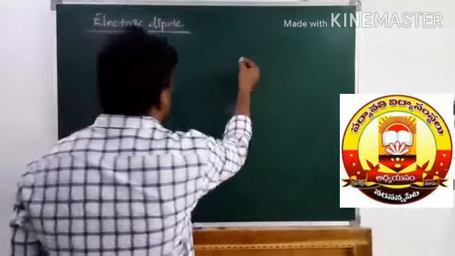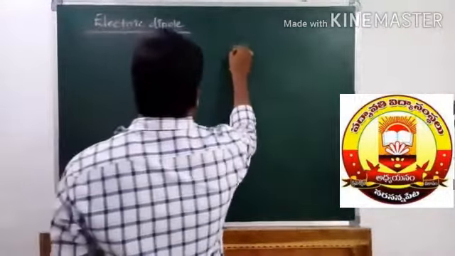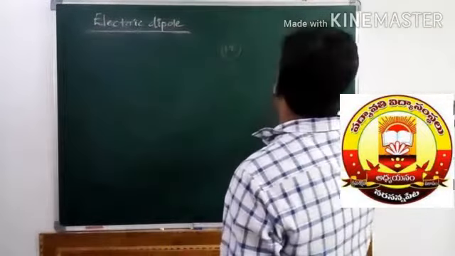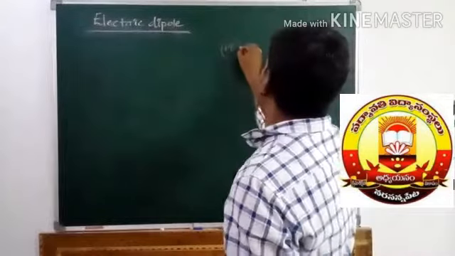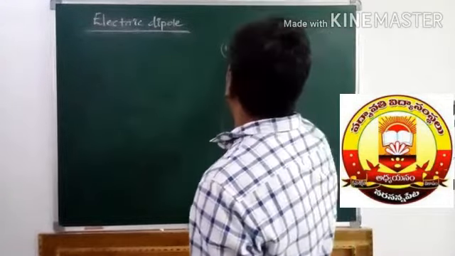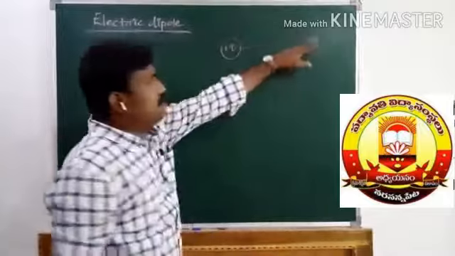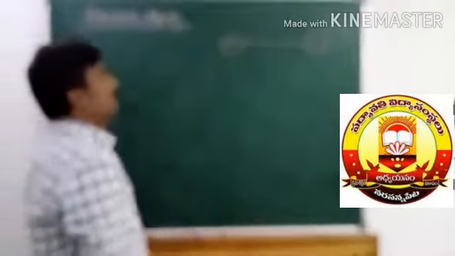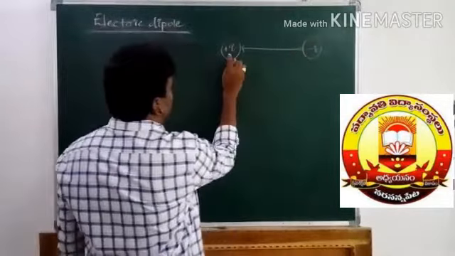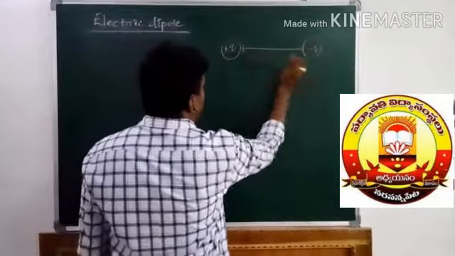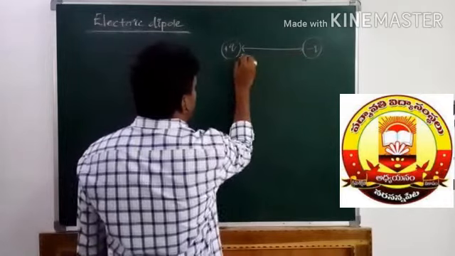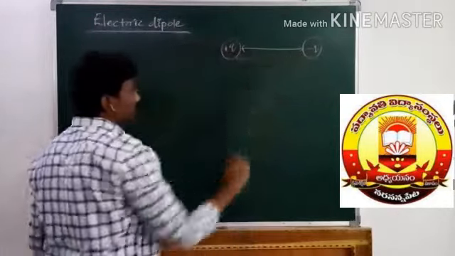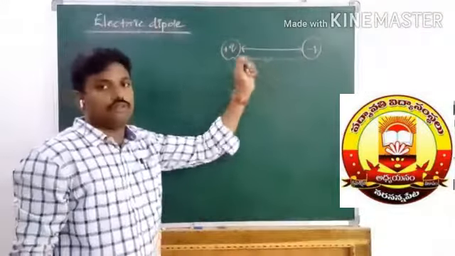Let us take those two charges: this is Q and this is minus Q, separated by a finite distance. This arrangement is said to be a dipole, and the distance between the two charges is denoted with 2a.